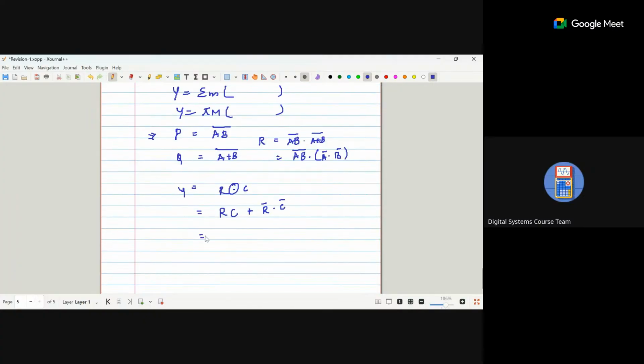So now here, what is your R? And here, can you simplify this more? (A B) the whole complement, A complement, B complement. Can you simplify this more?